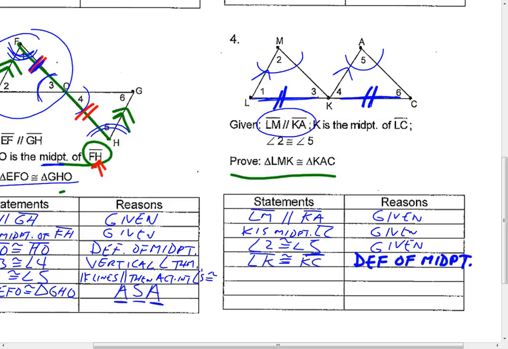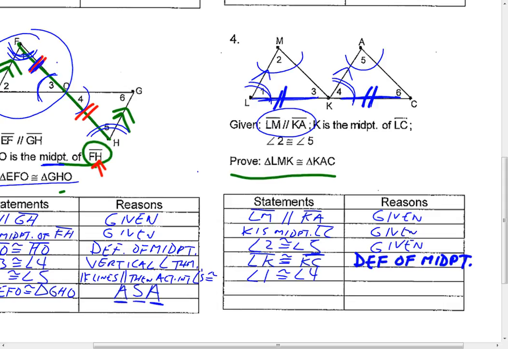We're getting closer. I have two pieces. I've got this, and I've got the angle. I got a side and an angle. Let's focus on 1 and 4. That's what I chose to look at. That's not alternate interiors. Which one of these other ones is 1 and 4?